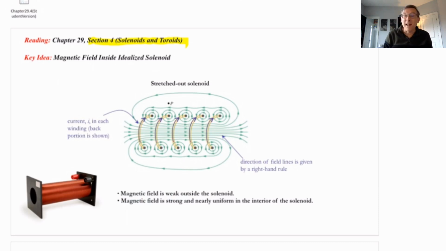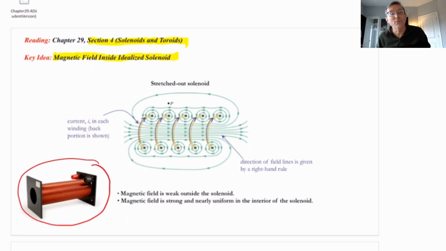We're going to use Ampere's law to find the magnetic field inside an idealized solenoid. So the first thing we have to explain is what a solenoid is. I have here in the lower left a photograph of what a physicist would typically have in mind when they say the word solenoid.